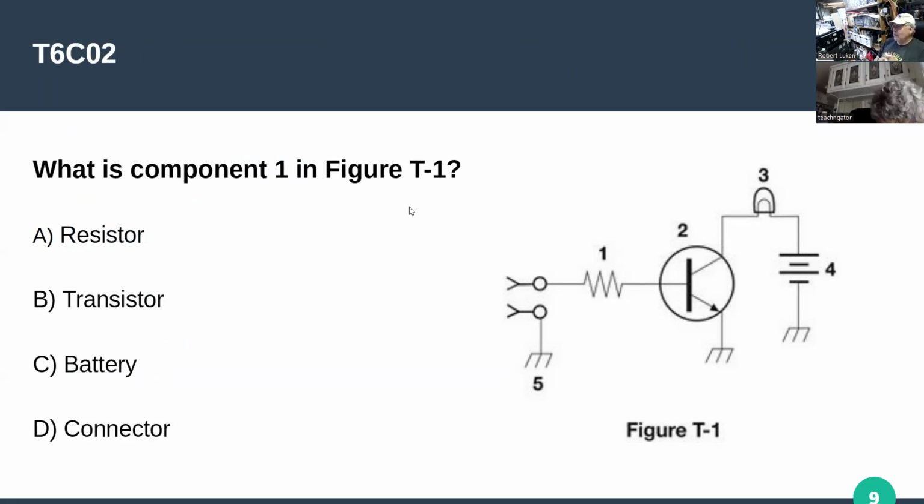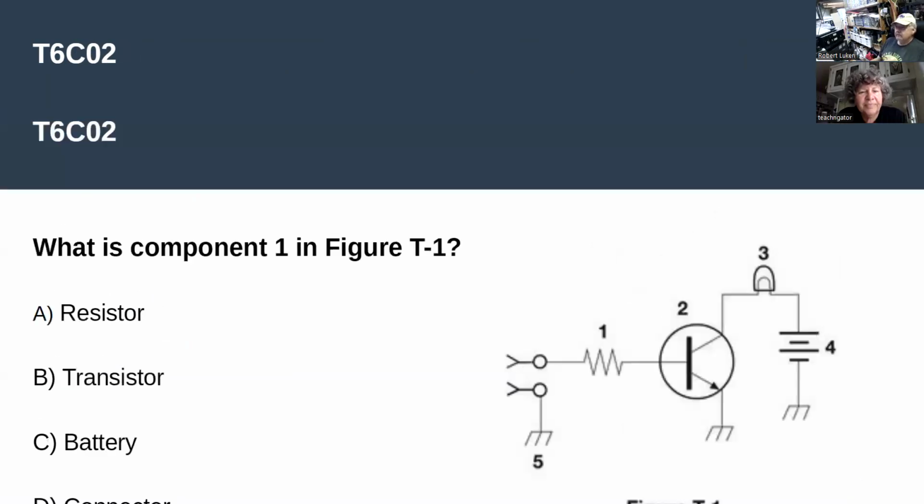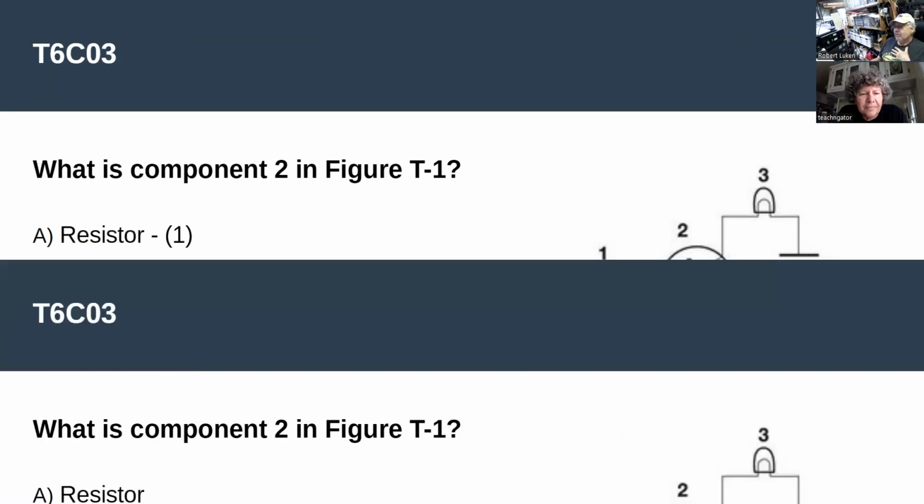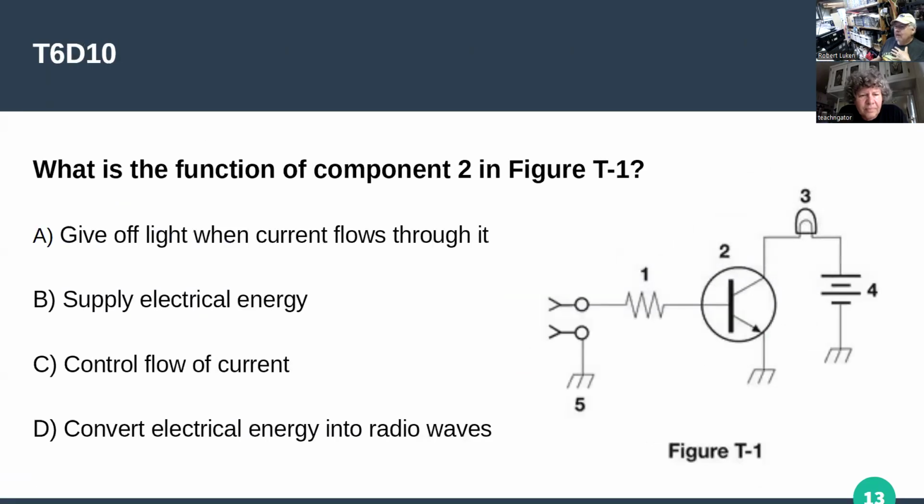So, what is component 1 in figure T1? Alpha, resistor. What is component 2? That's Bravo, transistor. What's the function of component 2?